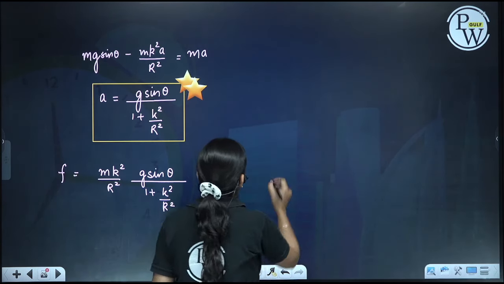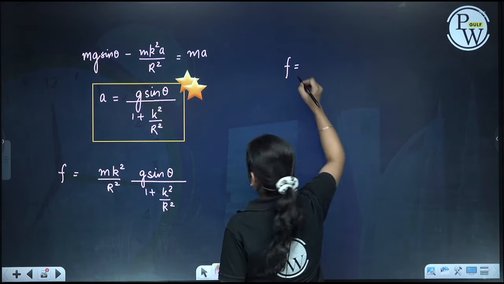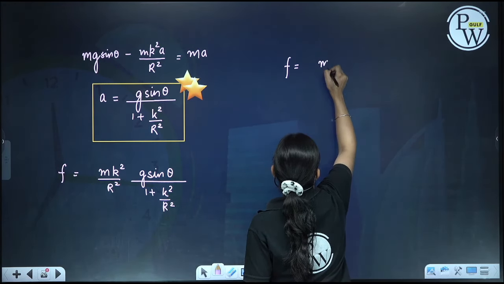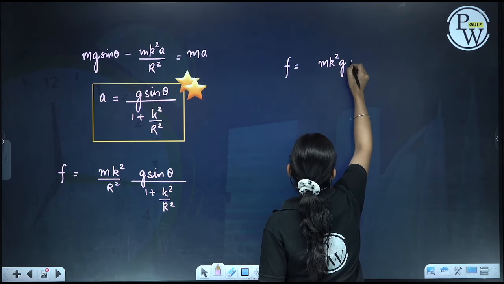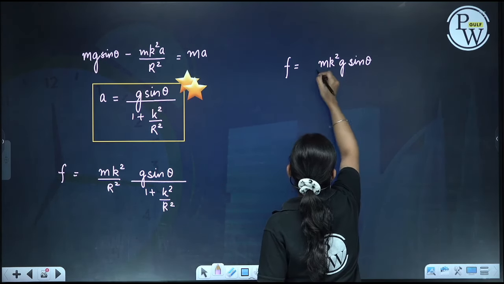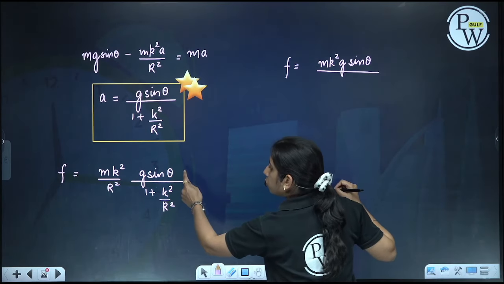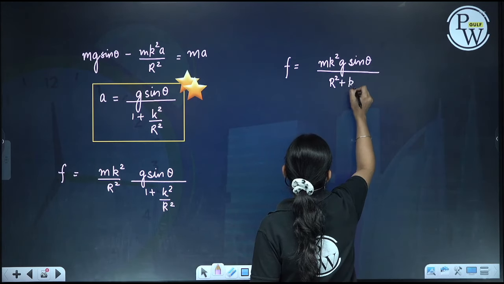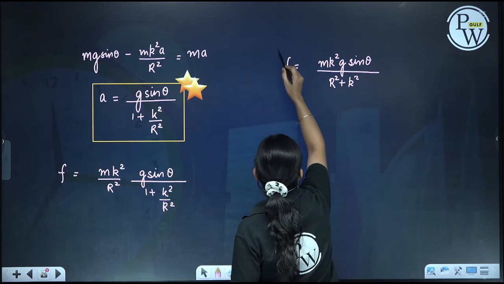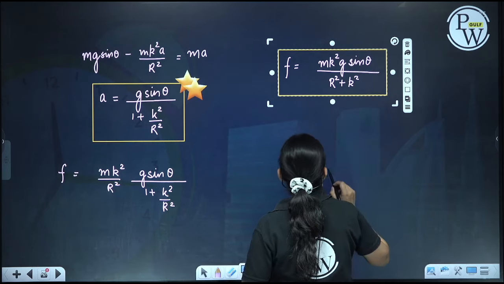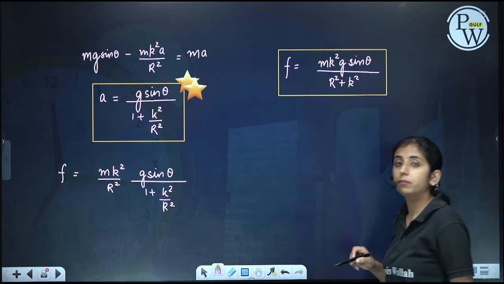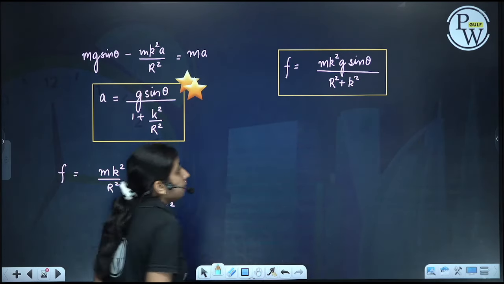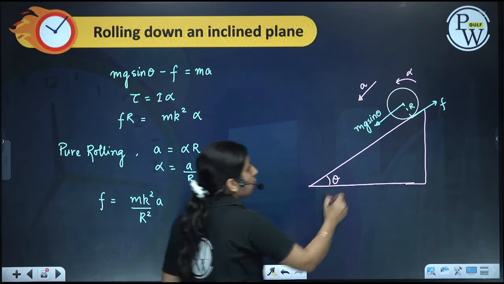If you solve this, we will get that friction is equal to mk square into g sine theta divided by r square plus k square. This will be the friction.